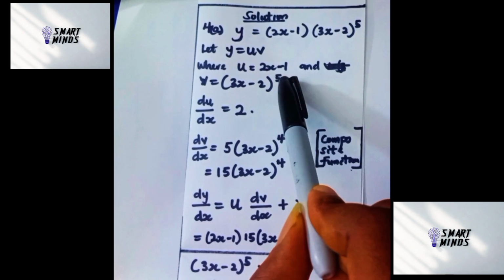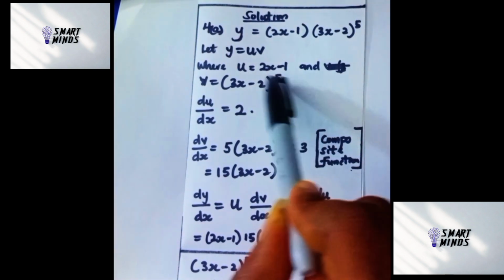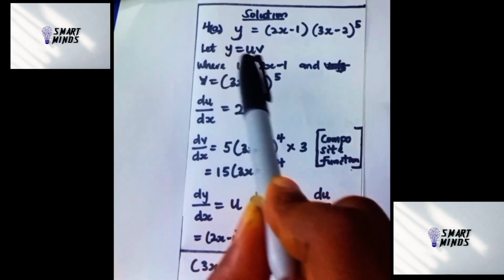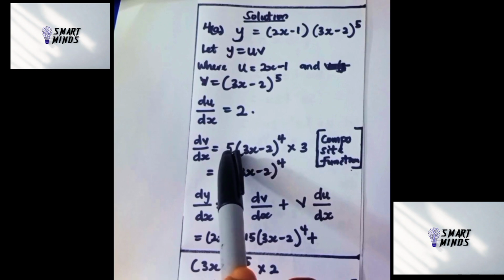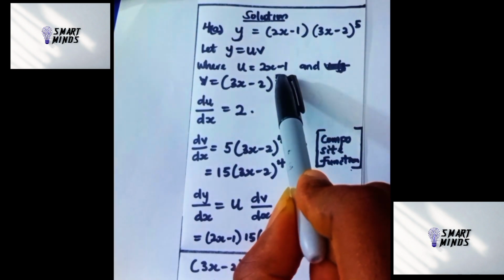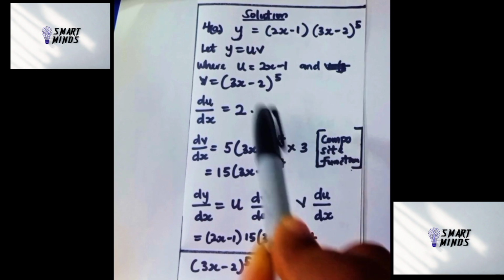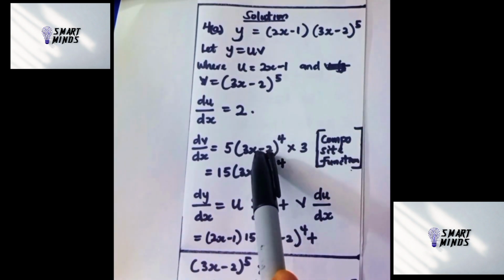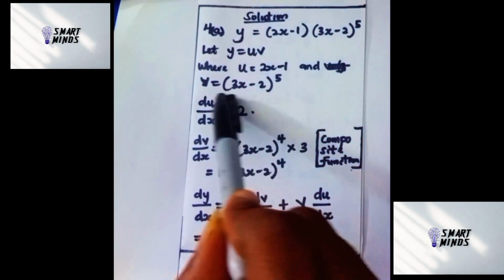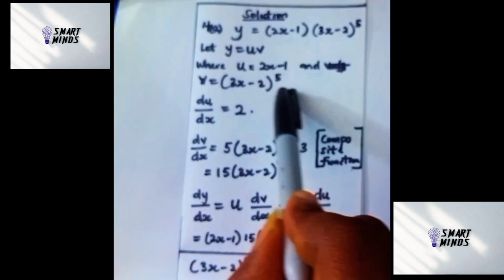Just like having 5 as the power, 5 multiplied by an invisible 1 is still 5, then 5 minus 1 is 4. Everything here is seen as a single term, so I've differentiated the outer expression, everything all together.